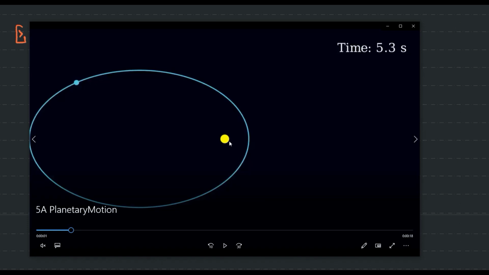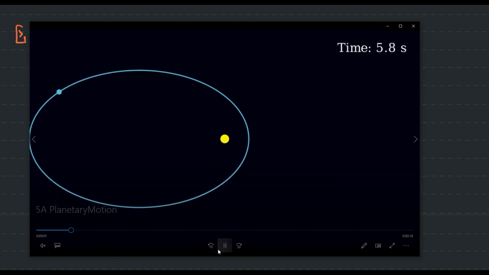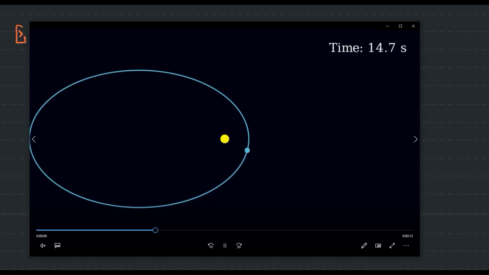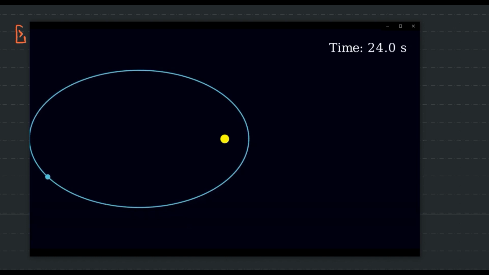Okay, so this being the sun and that being the planet. Please make your observation over here. It's not a very excellent animation, but it does the job.